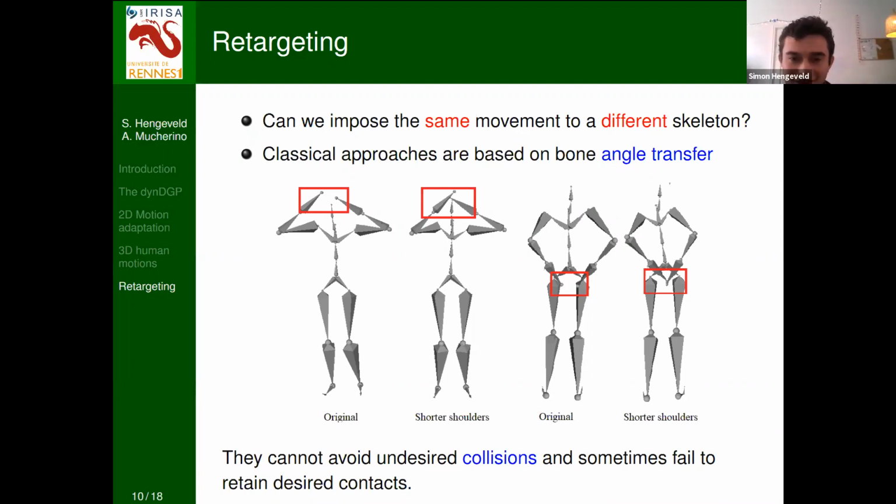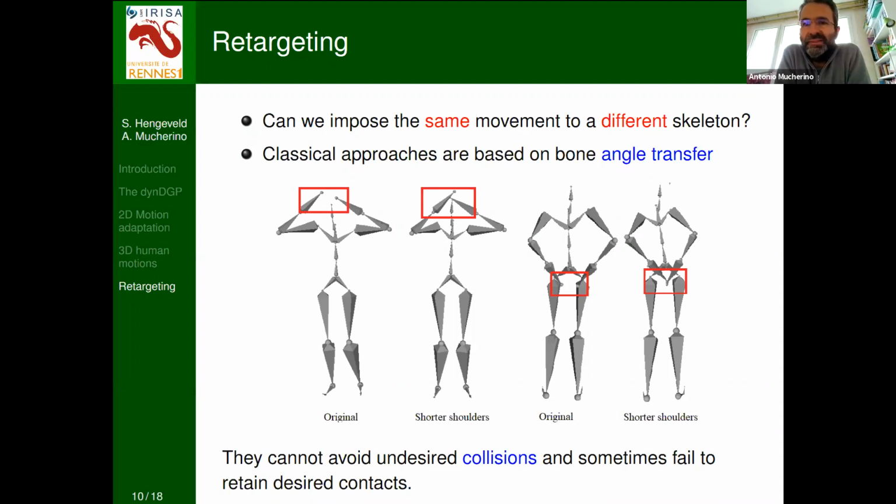Simon, if you allow me, I can answer the question. As Simon mentioned, it wasn't explicit in his presentation, but for retargeting every frame, we are using this normalized matrix with the distances adapted to the new morphology of the skeleton, and also the distances from every joint at the current frame to the same joint at the previous frame.